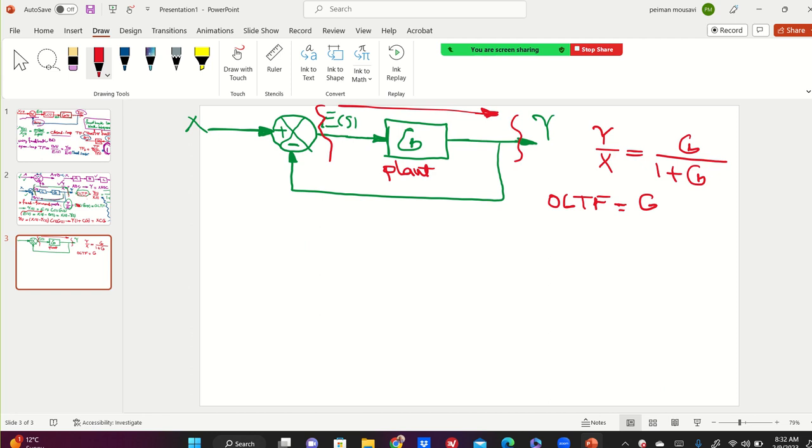And for at least half of the semester, we're going to work with this. This is the closed loop transfer function. This is the open loop transfer function.